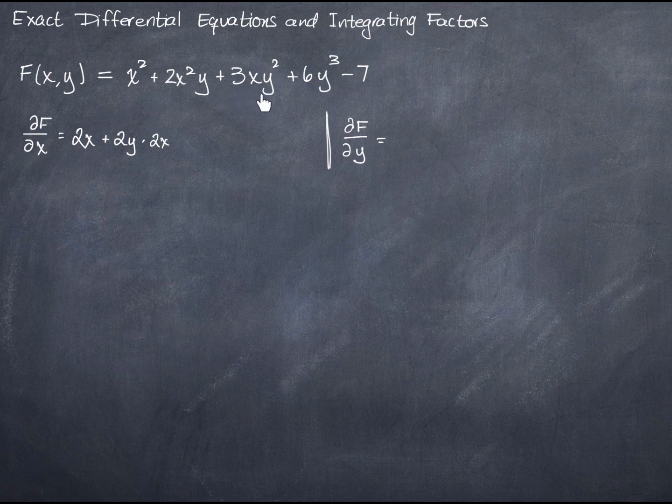For the next term, the partial derivative of this function with respect to x, well, if y is a constant, then y squared is also a constant. So I'm going to have 3 times a constant squared as my constant factor, times the derivative of x, which is 1. In the next term, I have no x's.